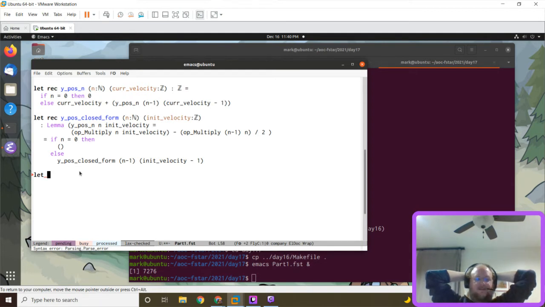I mean, it doesn't do us a lot of good to calculate the closed forms if we're just going to iterate one step at a time anyway. So it seems to me that we should be able to reason about these.